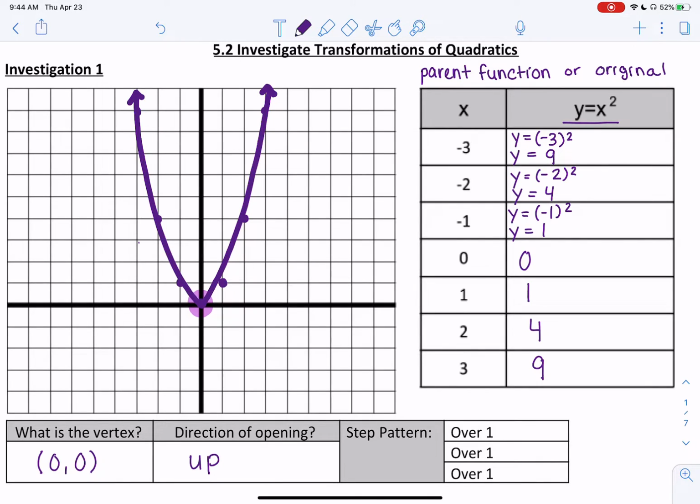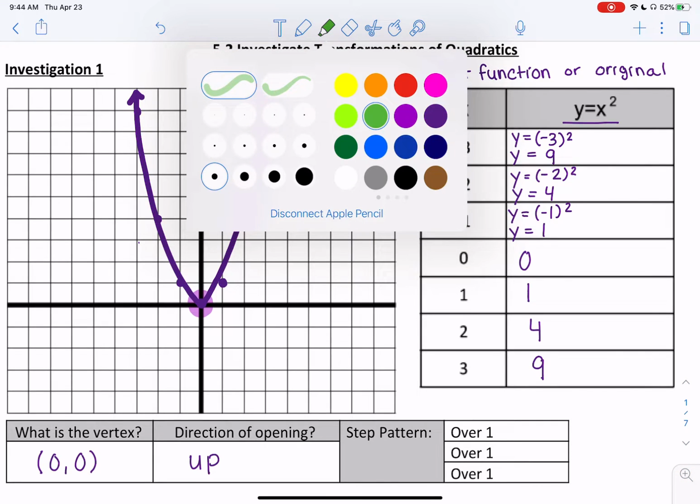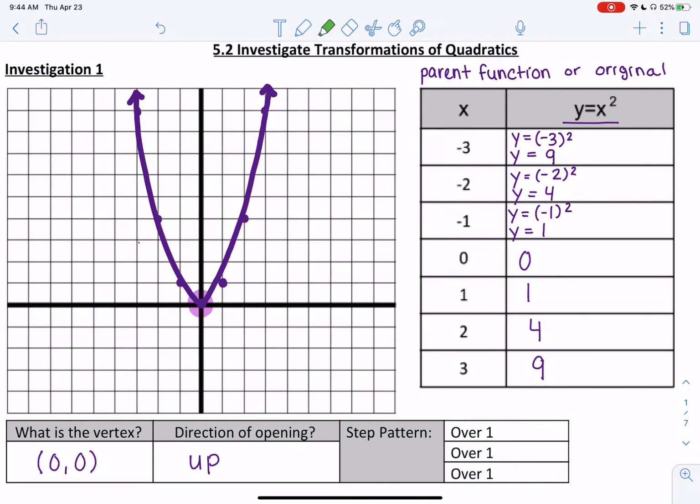Now the next part that is new is our step pattern. In grade 9, you worked with rise over run a lot, and it was a very important component in graphing your lines. For parabolas, we're going to use what's called the step pattern. Basically, our step pattern is how our parabola grows.